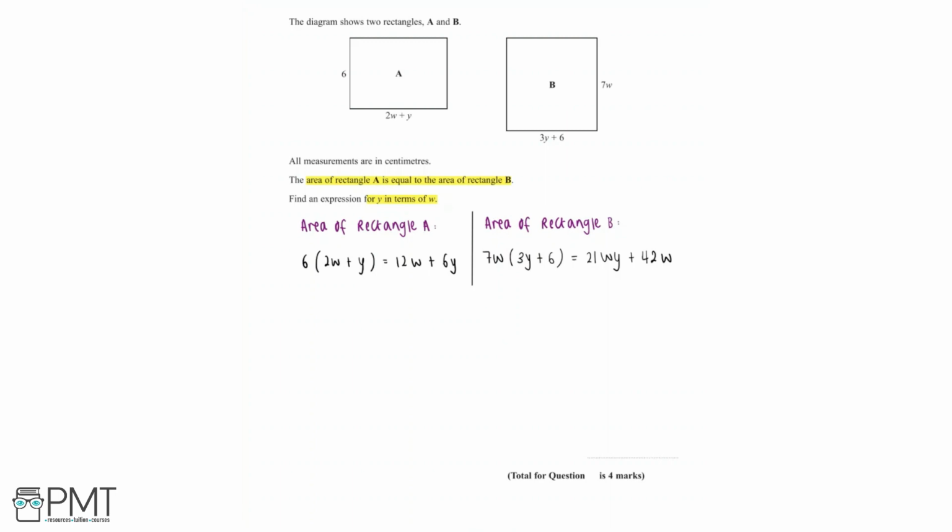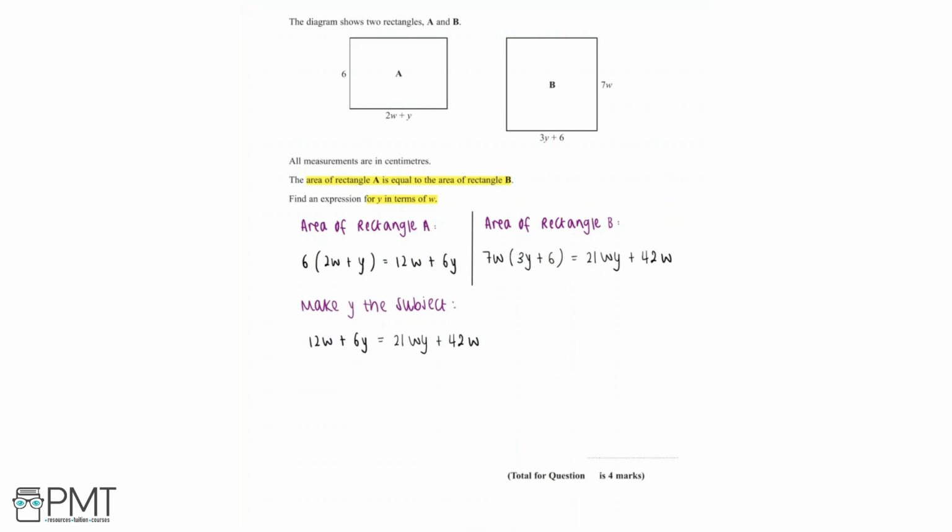Now since the area of rectangle A is equal to the area of rectangle B, we can say that 12w plus 6y is equal to 21wy plus 42w. To find the expression for y in terms of w, we need to make y the subject. To do this, we want to put the y terms on the left-hand side.